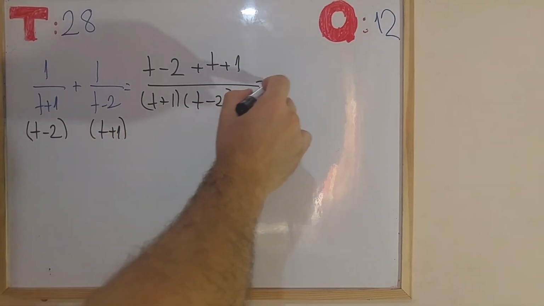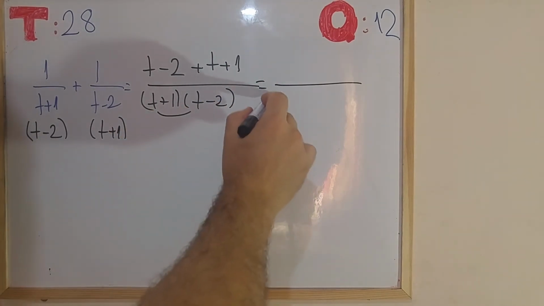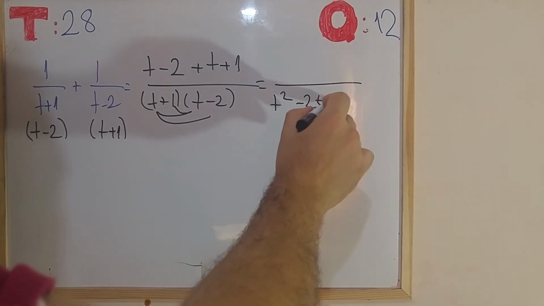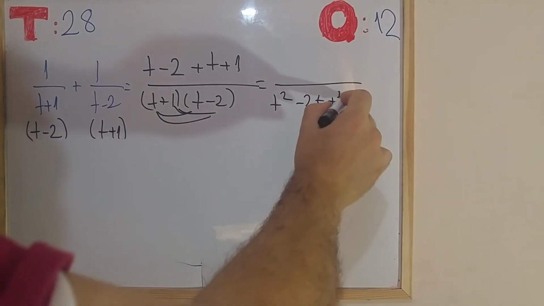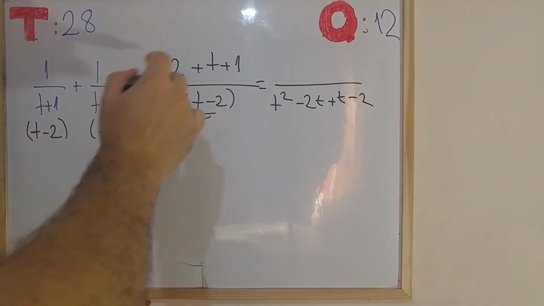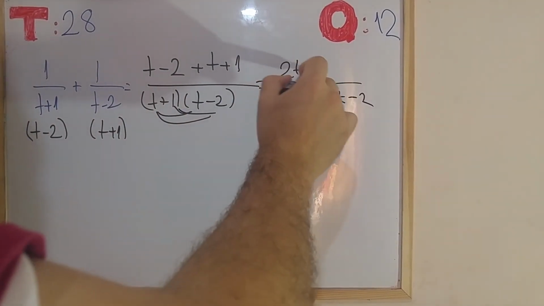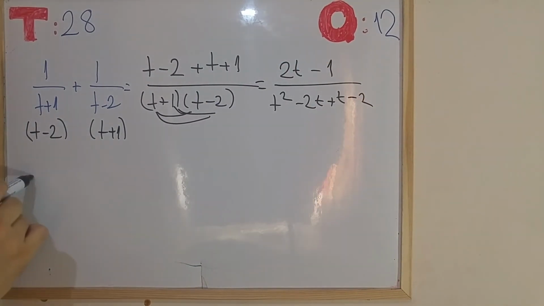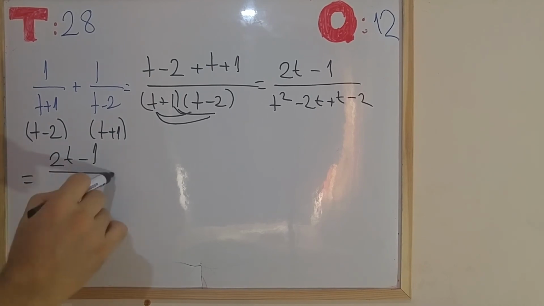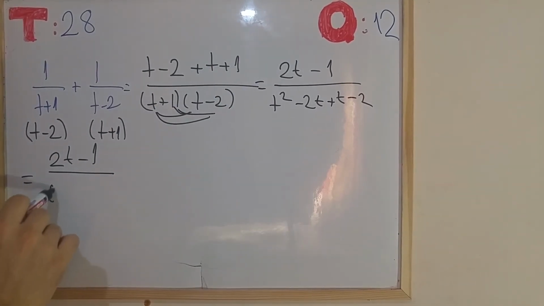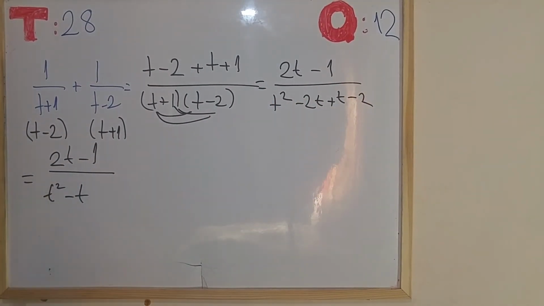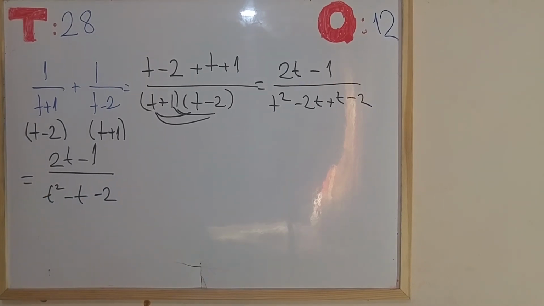When I multiply them with each other, I have t squared minus 2t plus t and minus 2. And upside what I have is 2t here, minus 2 plus 1 makes minus 1, which is going to be equal to 2t minus 1 divided by t squared minus 2t plus t, which makes minus t minus 2. This is the answer of this question.